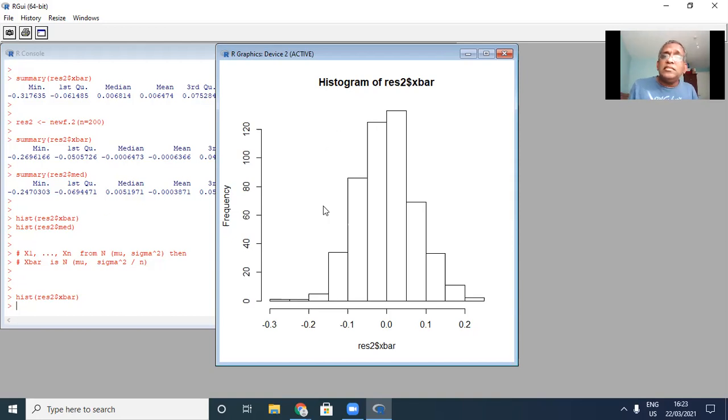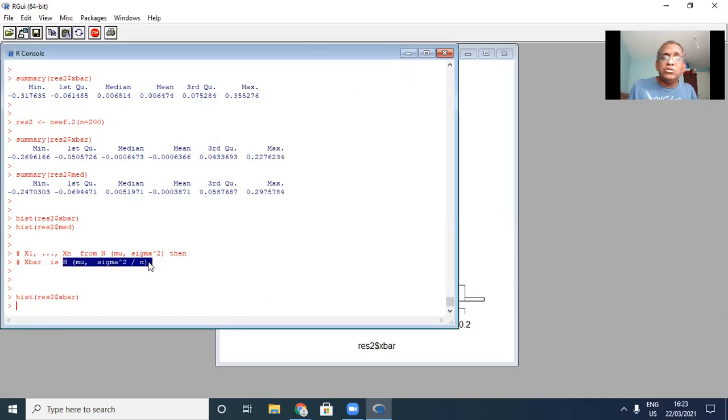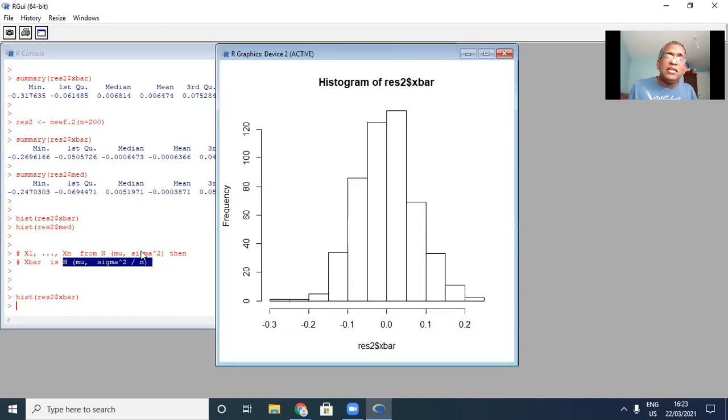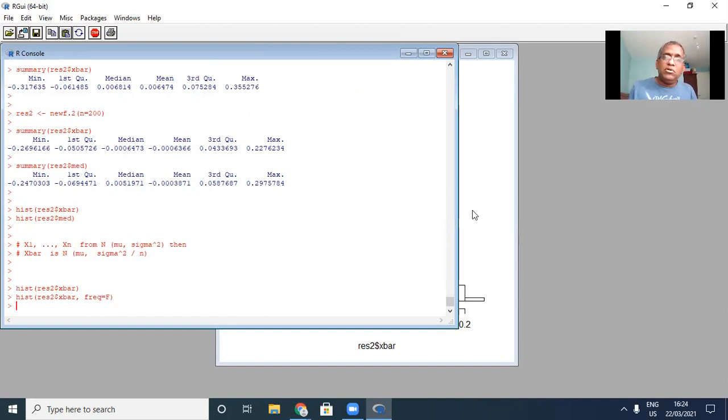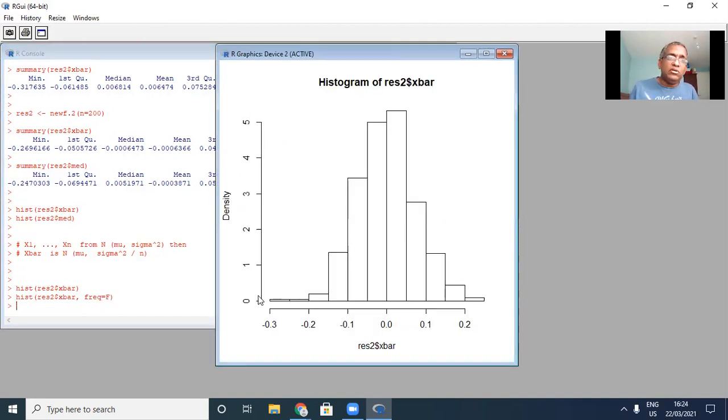Now on top of this, I'm going to draw the density of this distribution, right? Before that, let me plot this in the frequency scale. I want the frequency to be false, so you should say FREQ equal to F for false, right?